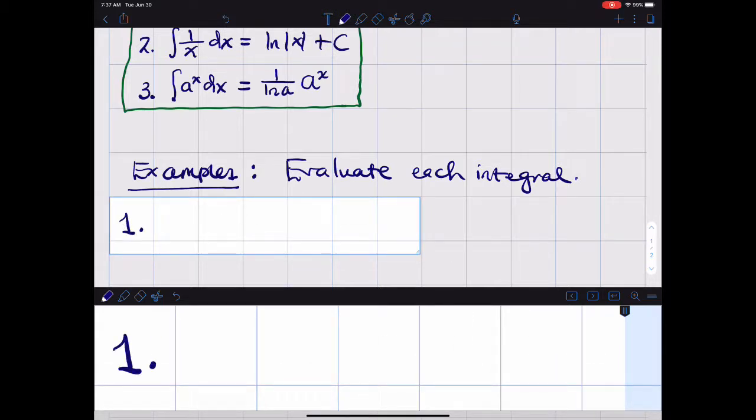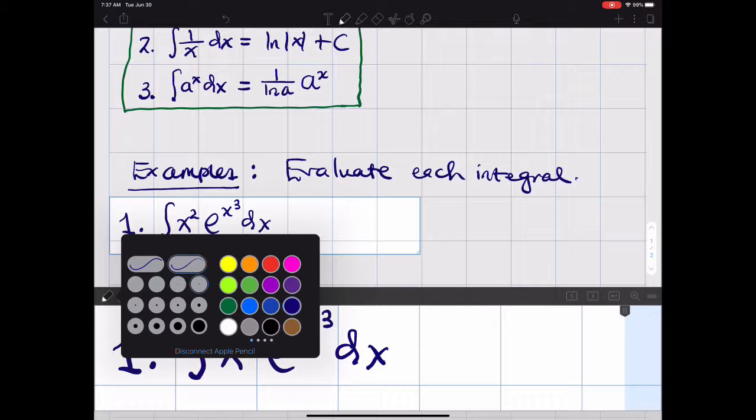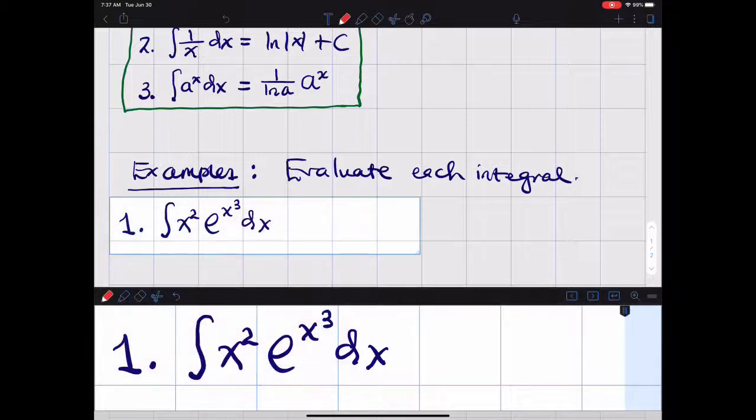So the first one is the integral of x squared e to the x cubed dx. If you pay attention to our discussion on substitution, you can see that this is clearly a substitution game. Why? Because we have e to the x to the power of 3, and the derivative of x cubed is 3x squared, and x squared is sitting right here.